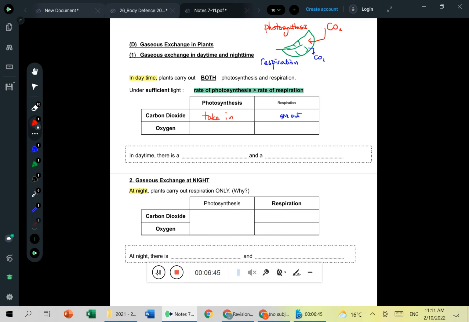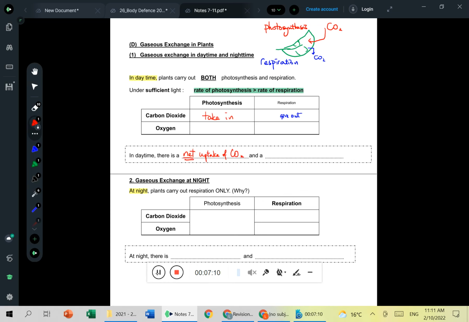Therefore, when I overall consider both processes, I would have a conclusion that there is a net uptake of CO2. And I hope you understand why I have to add the word net here.